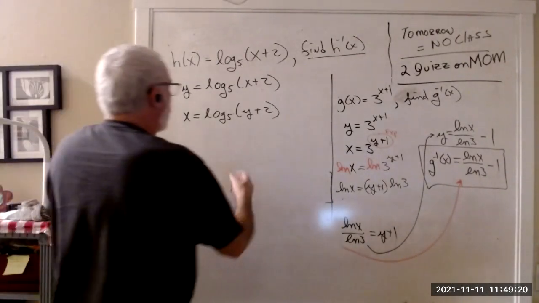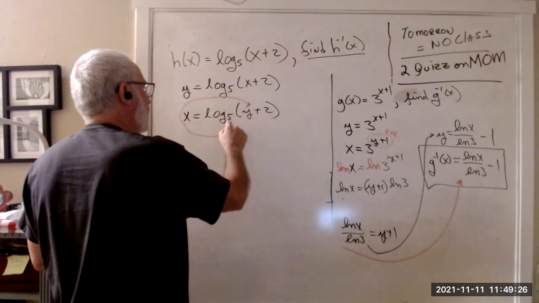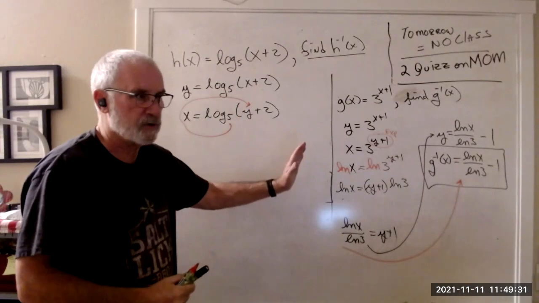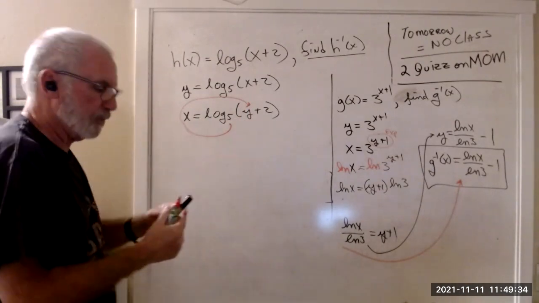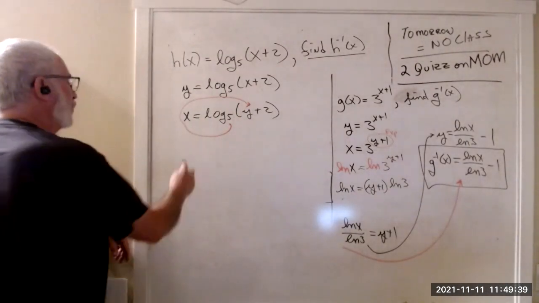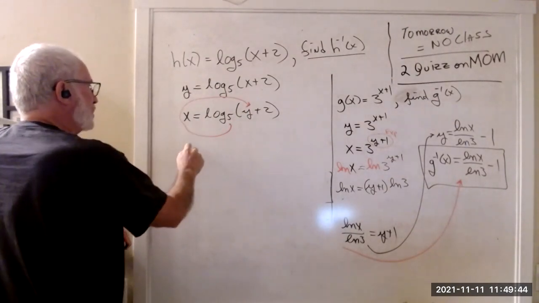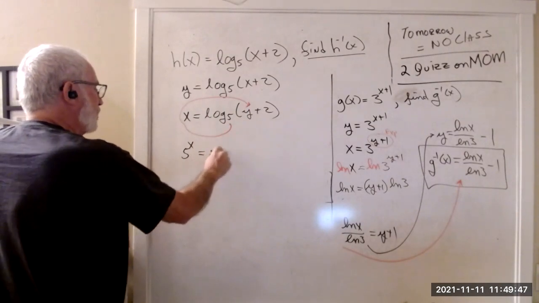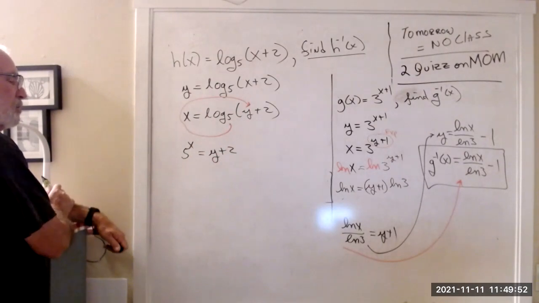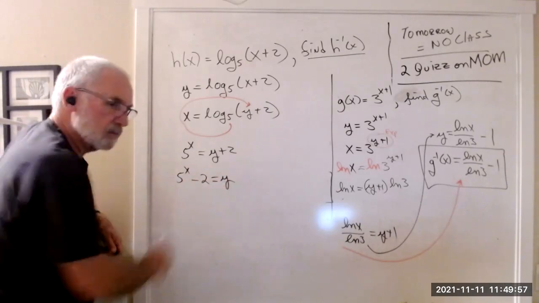And because it's written backwards, this really bothers people. 5 to the x equals that. They're used to the equation going in the opposite direction. But it doesn't matter. So this is going to be 5 to the x equals y plus 2. That's the Bra-Bar. So 5 to the x minus 2 equals y.